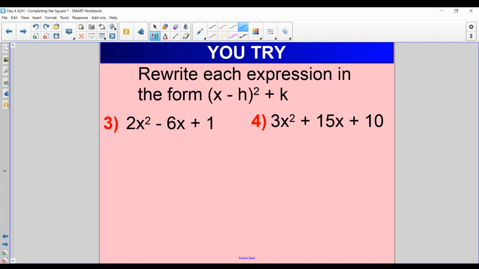Okay, so here we go. I'm going to take out the 2, leaving x squared minus 3x. Put the plus 1 outside. Half of negative 3 is negative 1.5. 1.5 squared is 2.25.